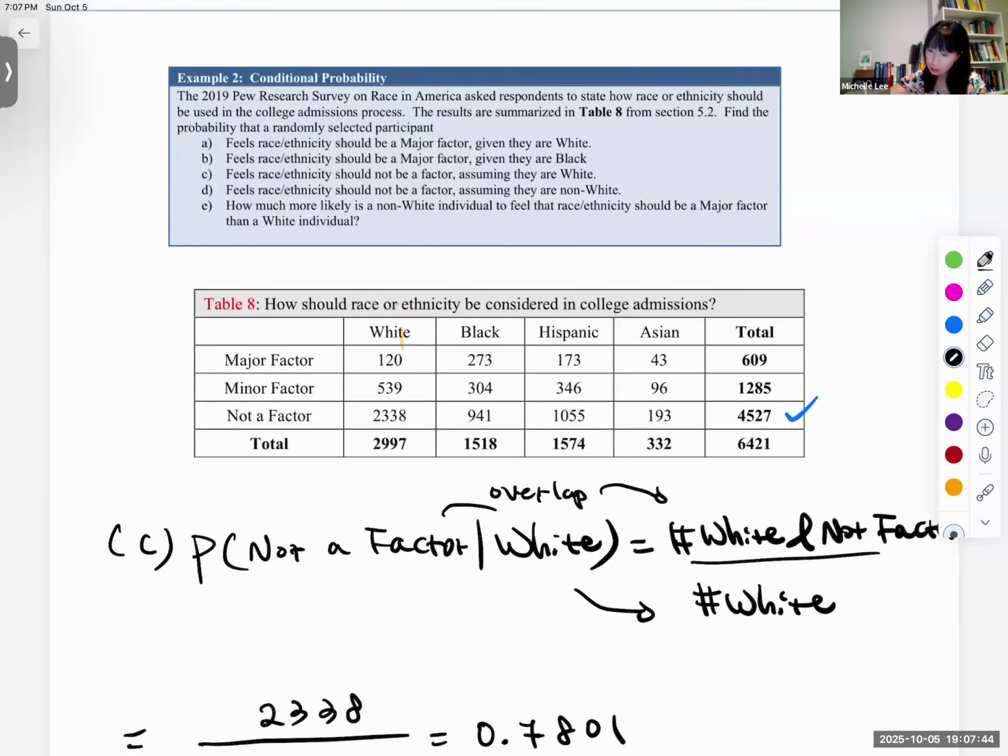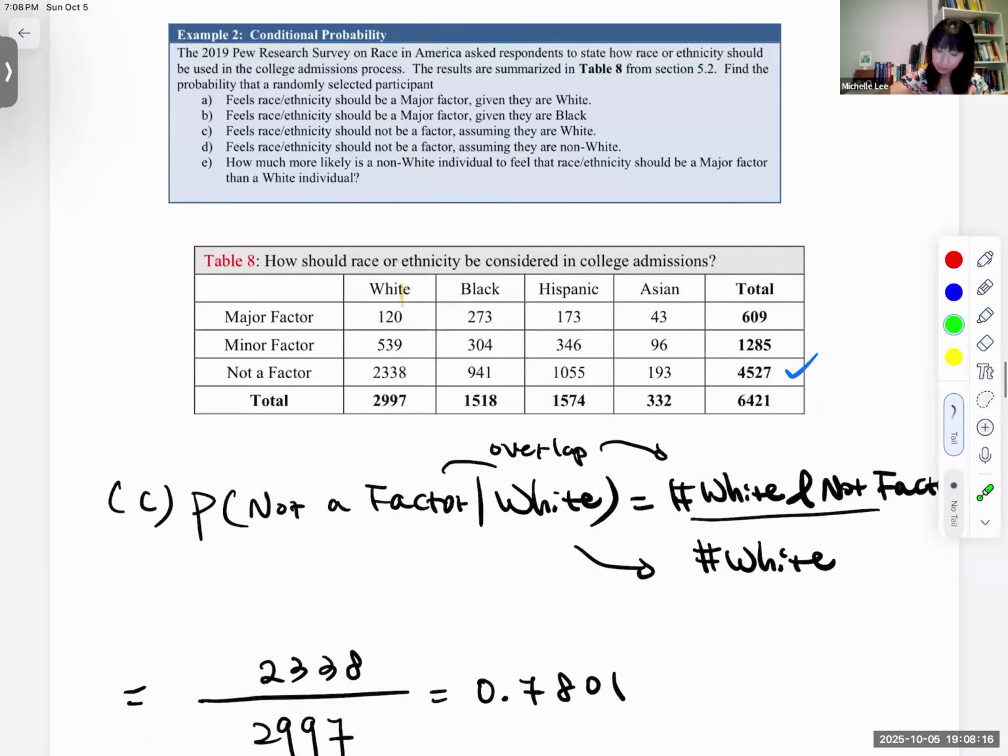How much more likely is a non-white individual to feel that race, ethnicity should be a major factor than a white individual, right? Okay, so let's compare major factor versus non-white, white.